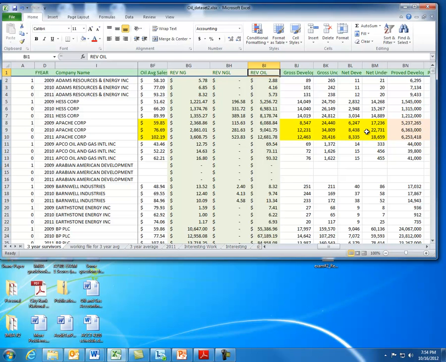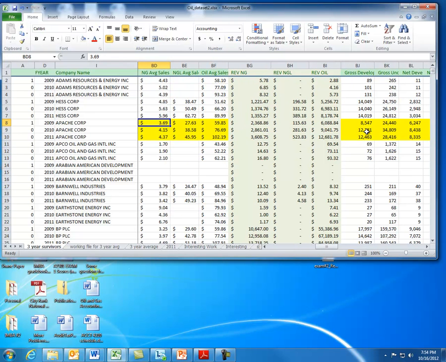What these try to do is calculate revenue based on information given in the supplemental disclosure. In the last video we looked at average prices given for natural gas, natural gas liquids, and oil. If you multiply those numbers by production, you get these revenue numbers.